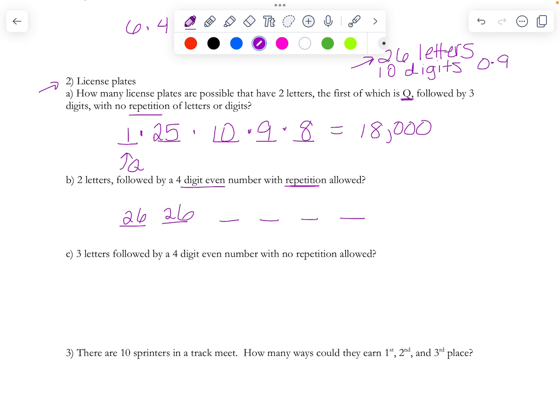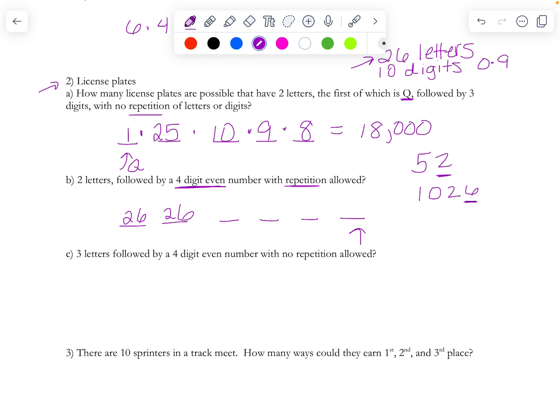For a 4-digit even number, the only thing I have to worry about is my last digit. If I think about 52, or 1026, the last digit is what has to be even.